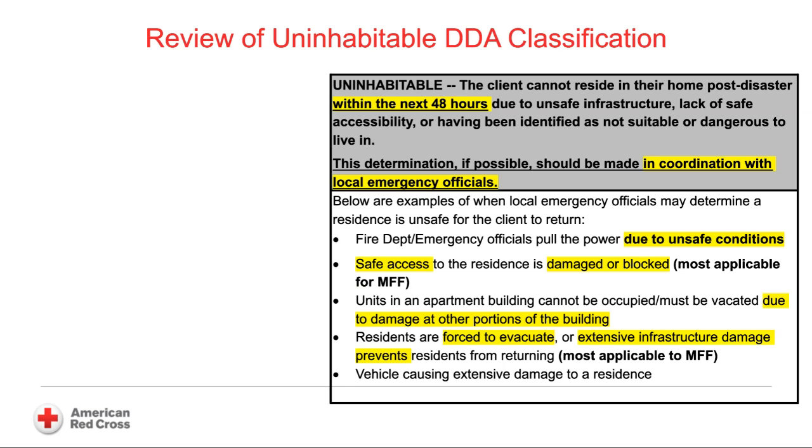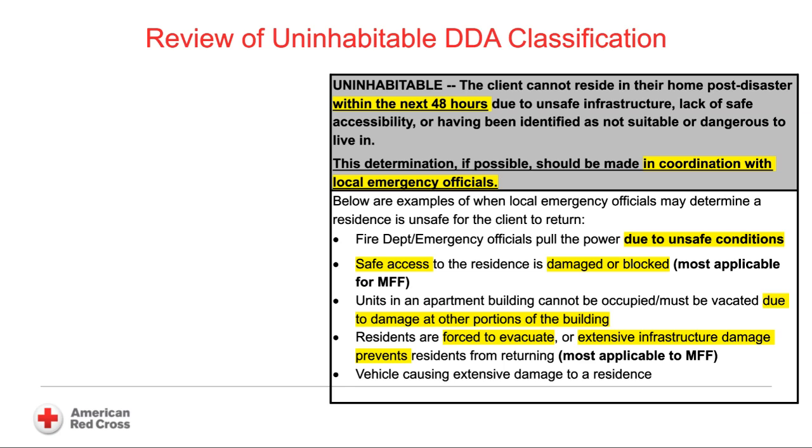So for larger events like apartment fires, the decision to designate several units as uninhabitable should be escalated to the regional disaster officer before you move further with the process with the clients.